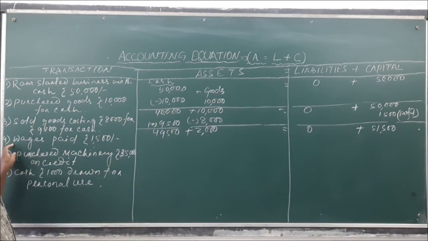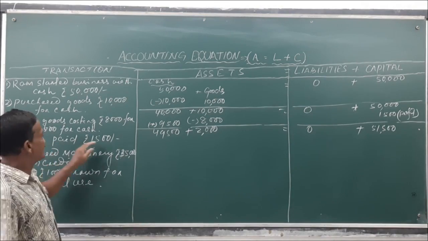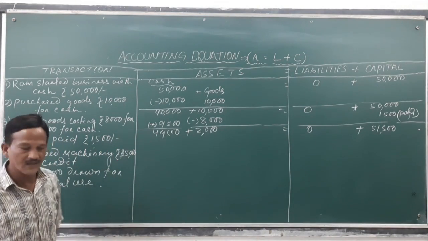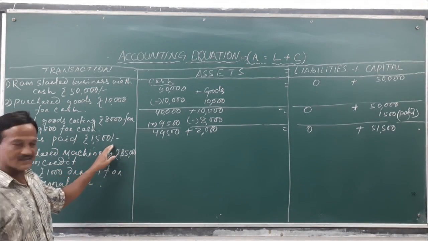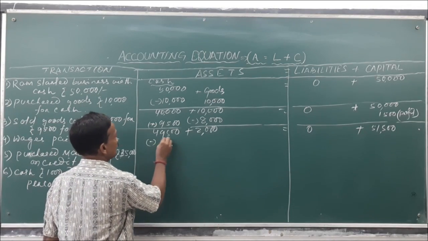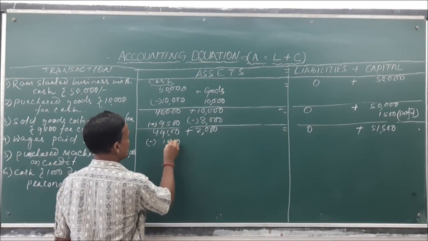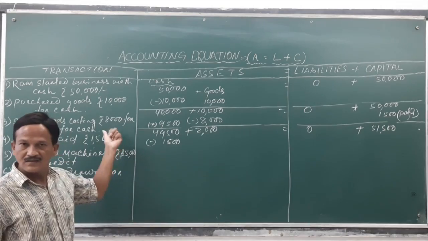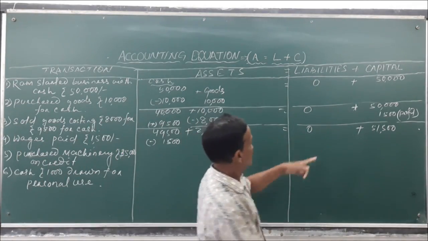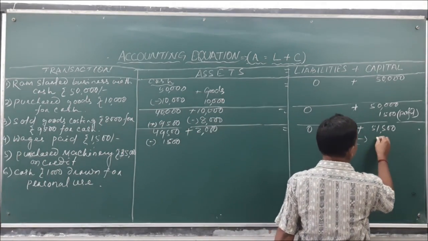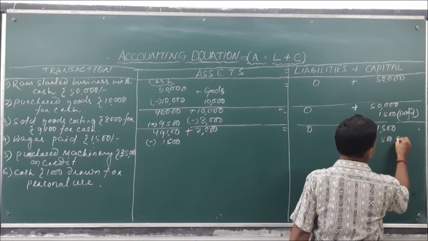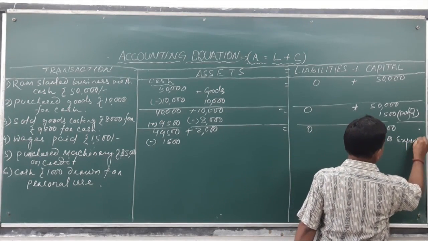Then the fourth transaction: wages paid 1,500. Wages are paid in cash, so 1,500 is subtracted from cash. Expenses decrease the profit, so 1,500 is directly subtracted from capital.